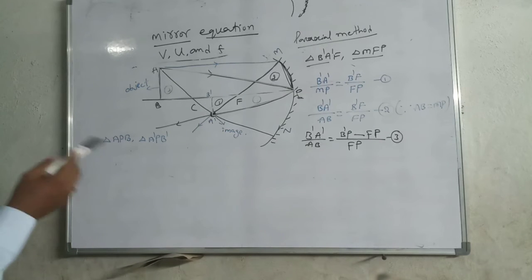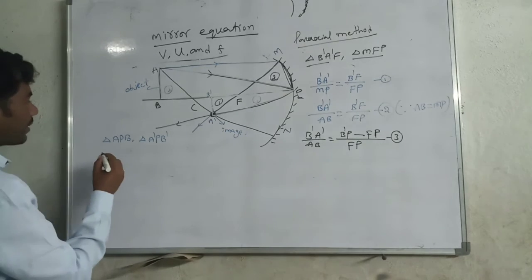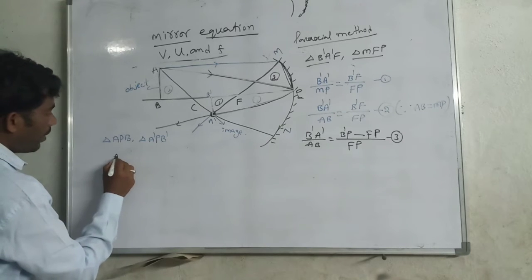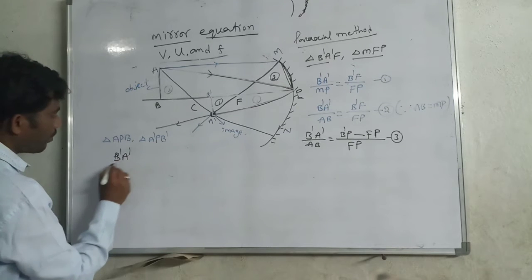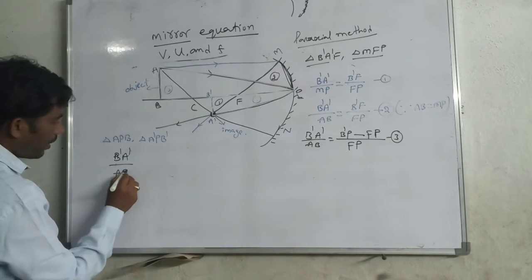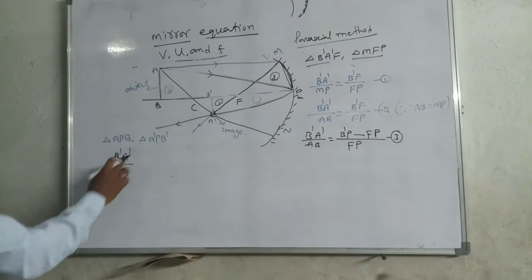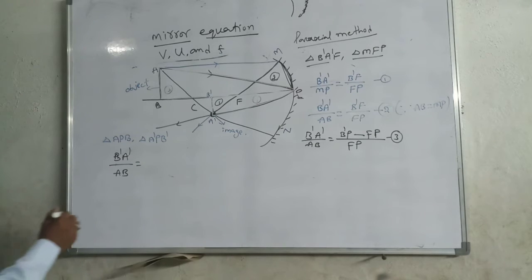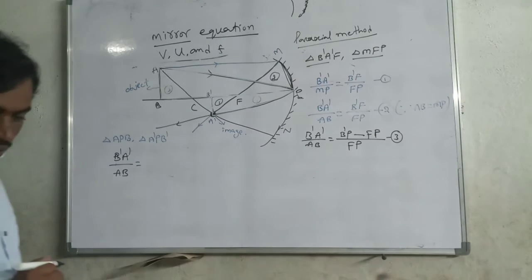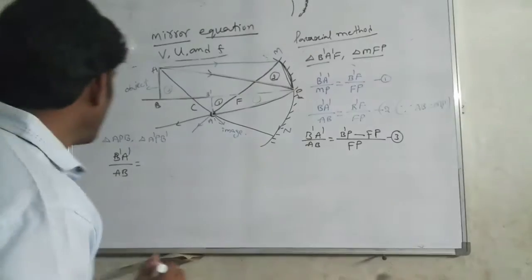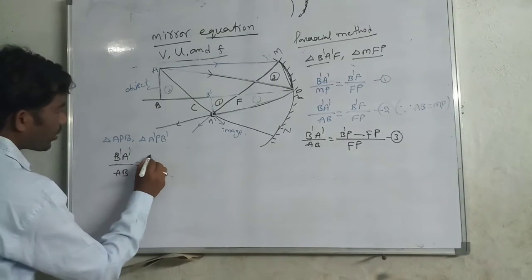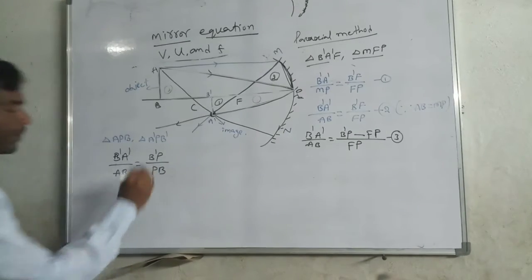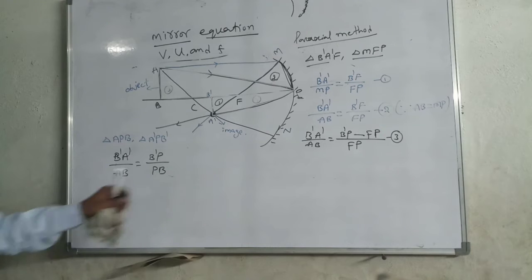From this we write B dash A dash by AB, and another thing is B dash P by PB.